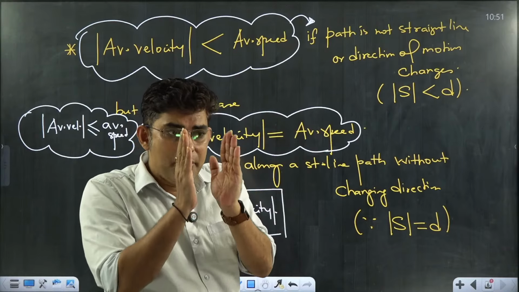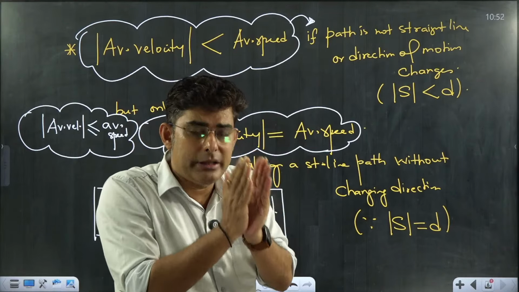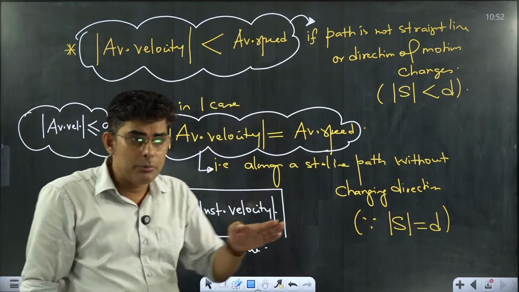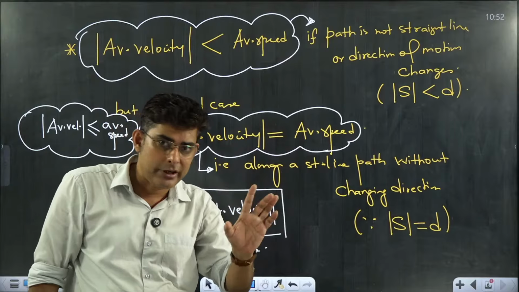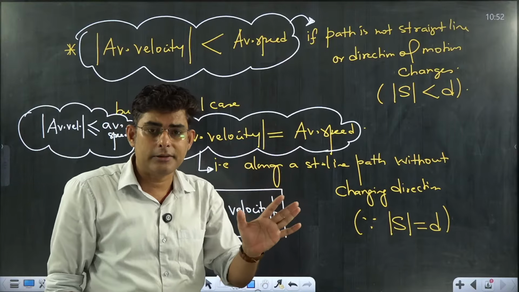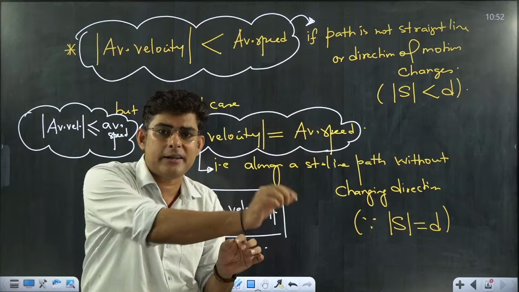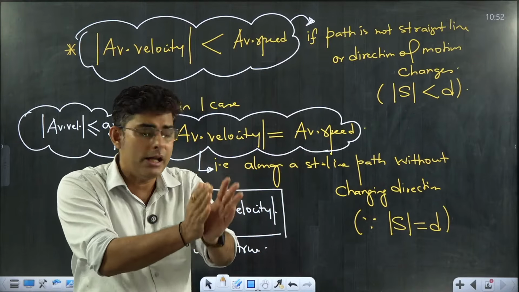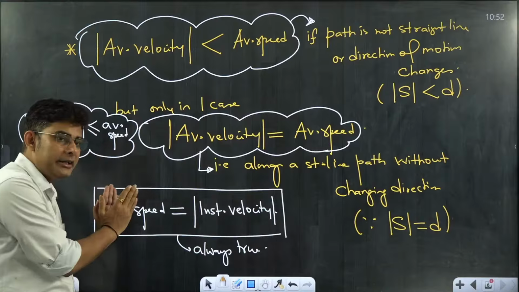And when you take the magnitude of that velocity at that particular instant, it will be called your instantaneous speed. So when you are moving along a particular direction, you have velocity. That velocity at any instant can be measured by a speedometer, and the speedometer displays the magnitude of that velocity, and we call that magnitude the instantaneous speed.